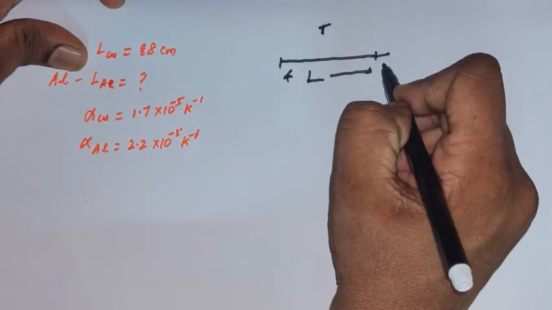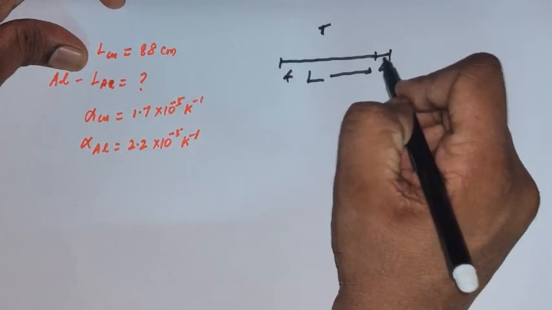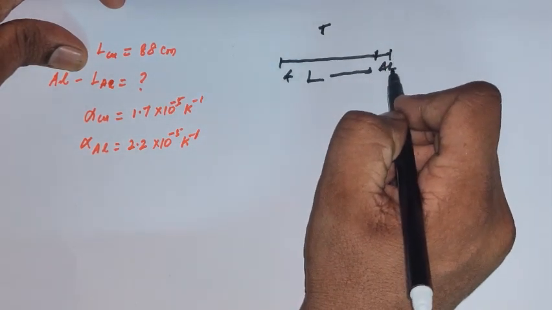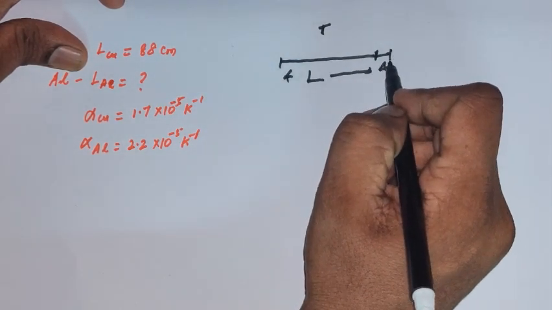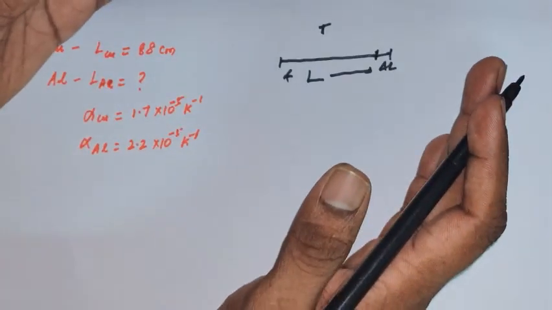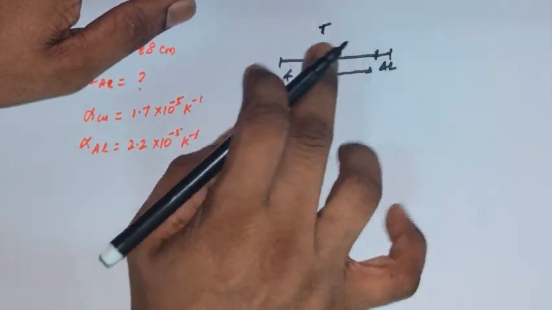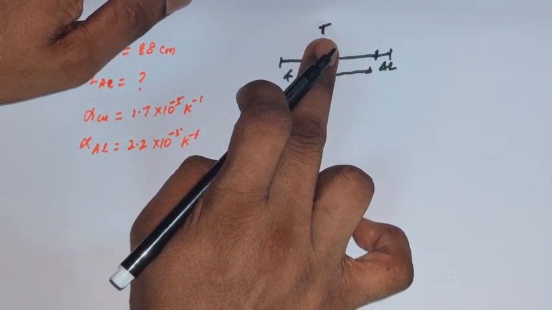The expansion would be delta L, because it's a thin one-dimensional rod and its length increases. For a three-dimensional object the volume increases, and for a two-dimensional area the area increases as we increase the temperature.